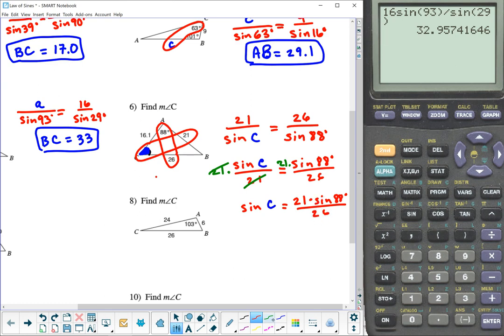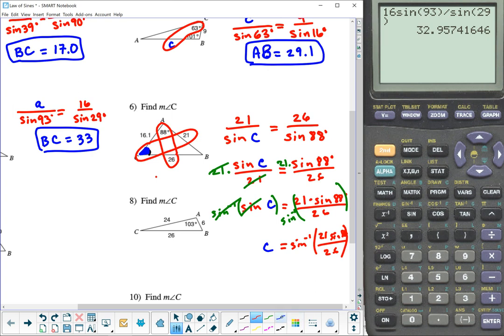Okay. And then to wrap it up, I need to do an inverse sine of both sides. So I need to do a sine inverse there, and I need to do a sine inverse of all of this. So I would get C equals sine inverse of 21 sine 88 over 26.